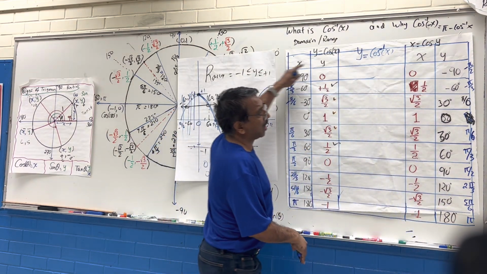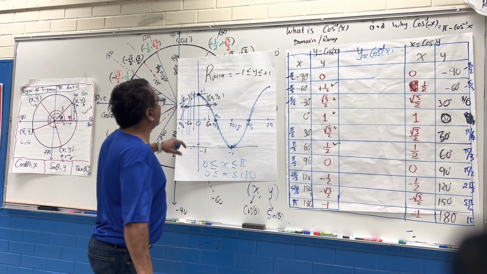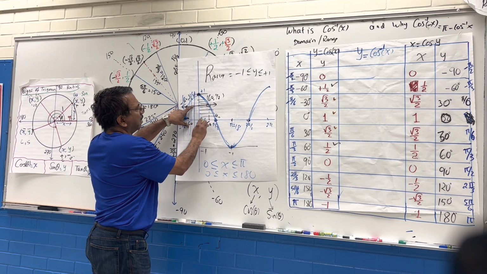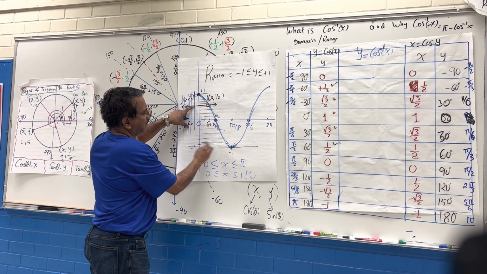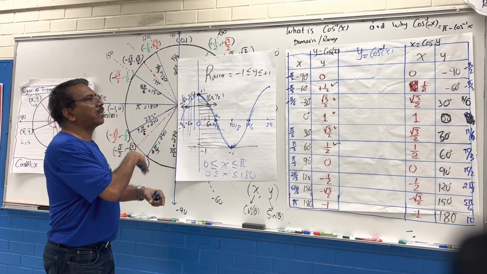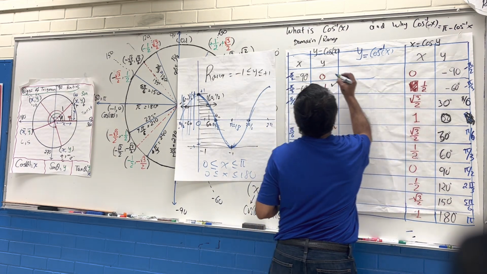When you swap, the range becomes the domain here. Look at this domain here. All these values from negative 1, and you can clearly see everything is connected like this. All these y's are taken care of. So when you try to reverse and swap it, I'm going to take this off.